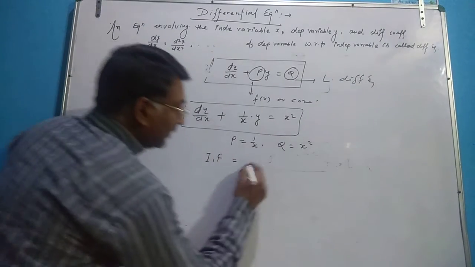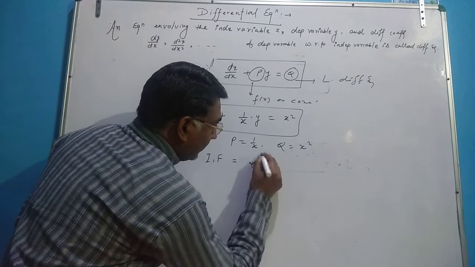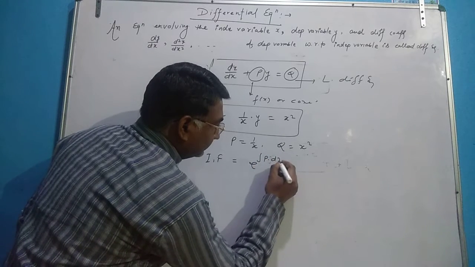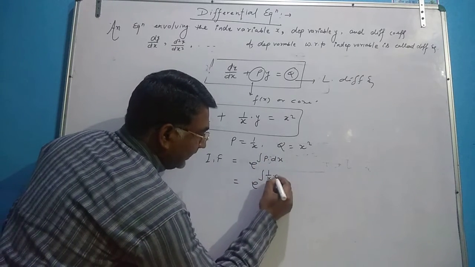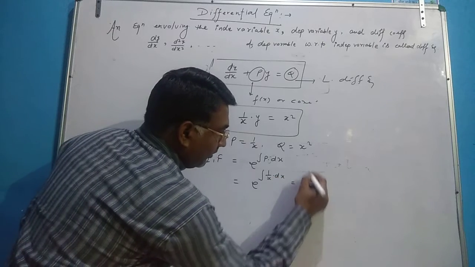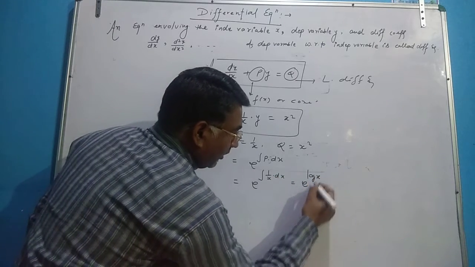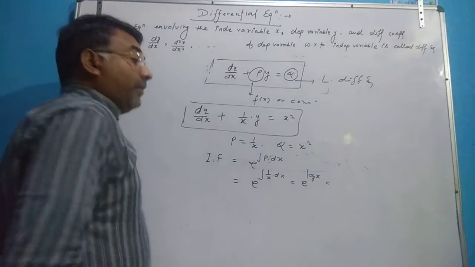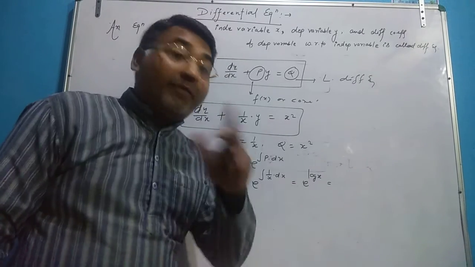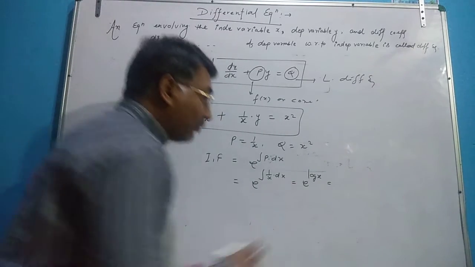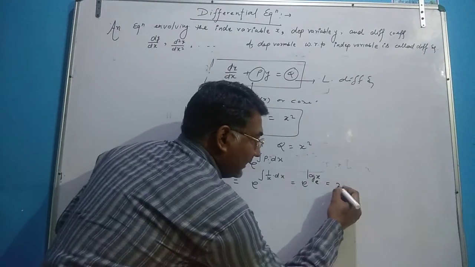What is the integrating factor? The integrating factor is e to the power integral P dx. So e to the power integral of 1 by x dx is e to the power log x. This is the most important point here: e to the power log f(x) is f(x), because the base is e, so that is x.